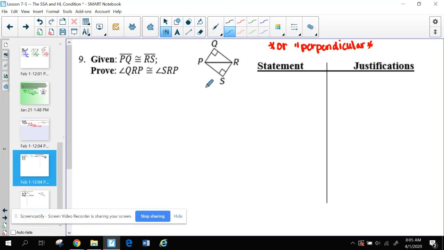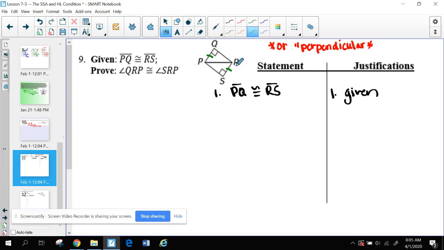So that is sometimes when we're going to use the HL theorem as well. So let's take a look. We all know we start with our given. So we're going to start with PQ is congruent to RS. That is our given. We also are given that it's 90 degrees because that's marked in the diagram. So you can use what's marked in the diagram. Now I'll put my congruency marking on here.